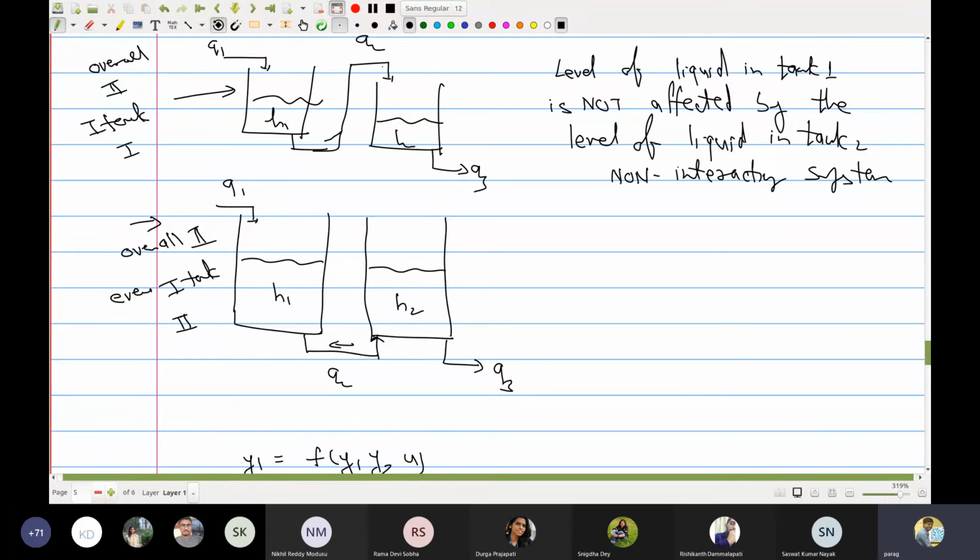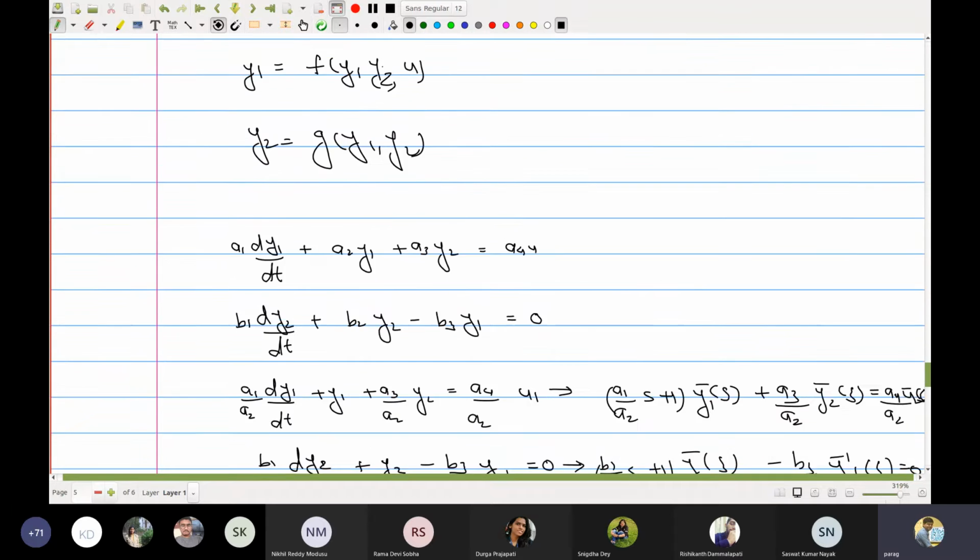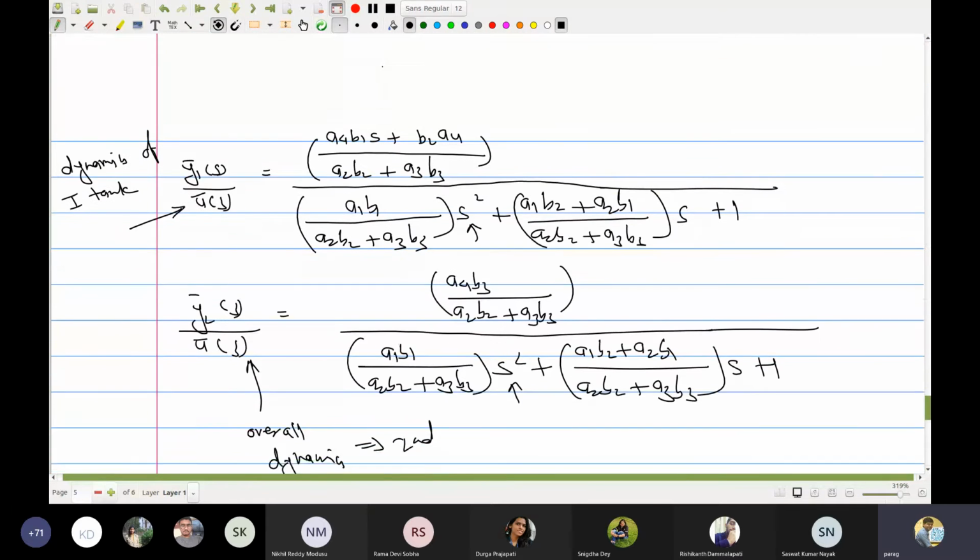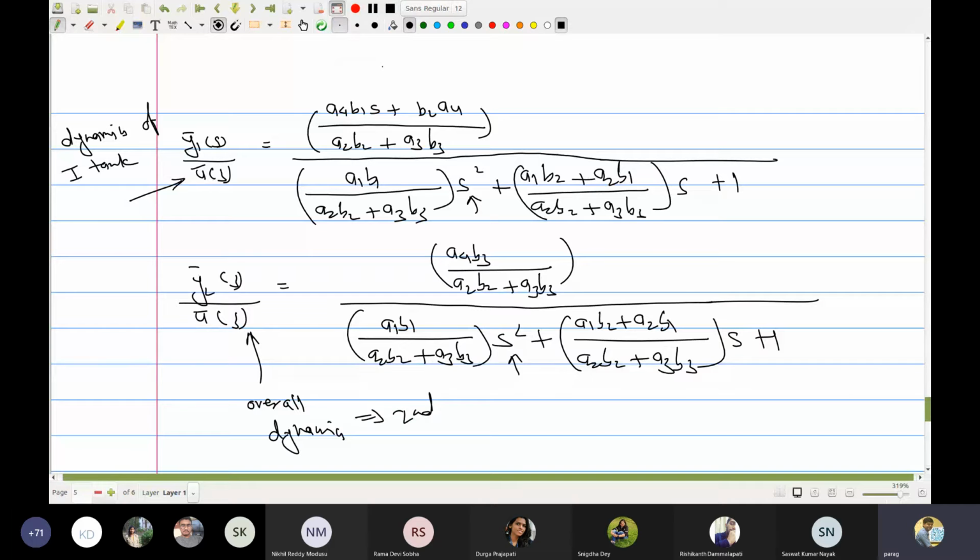And why would that be? Physically it makes sense, because you have made such an arrangement that there is a possibility of backflow. Therefore, the system is not adjusting as quickly as it would have in case of a unidirectional flow. So this is an observation which we get from the dynamics of this transfer function.